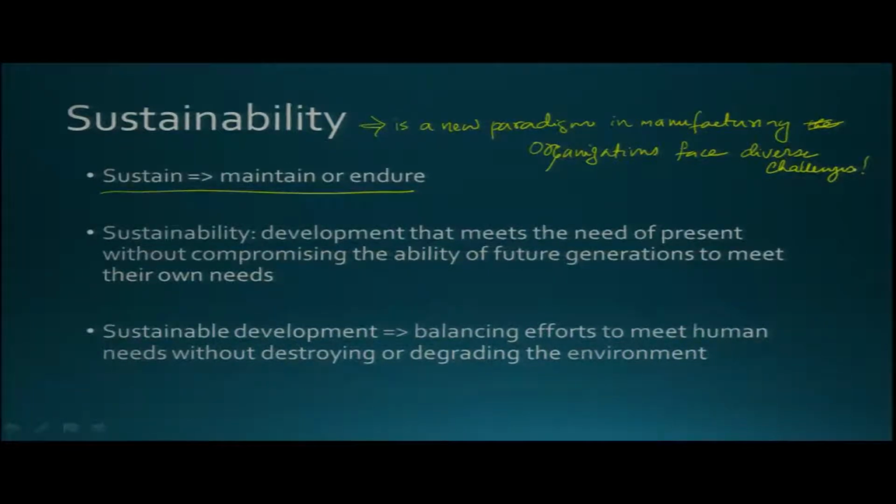One of the challenges is to sustain their operations, or maintain the business, or let the business be endurable. So, sustainability is a development.